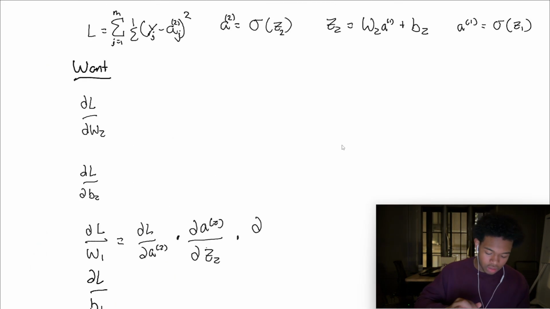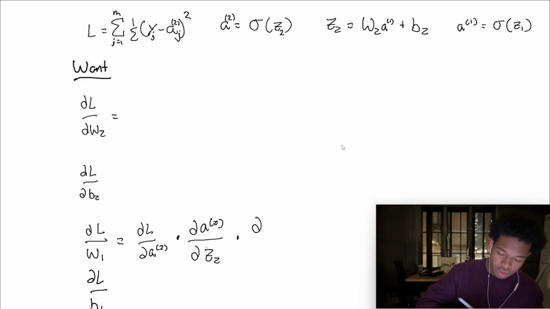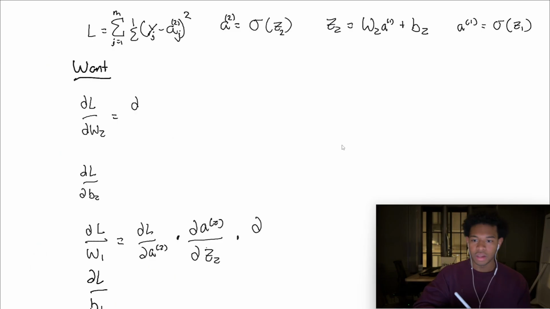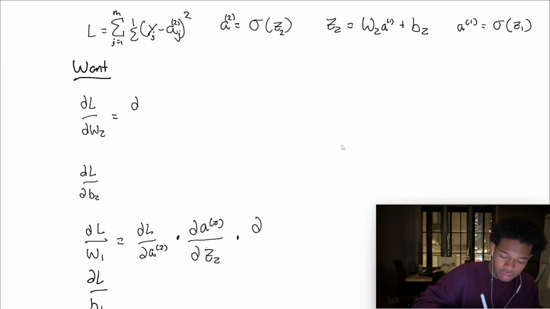Let's do W2 first. So we're still going to have, I wonder if anybody's making fun of my deltas. How would I properly write a delta? Surely not this. That's so much work. I'm not even sure.